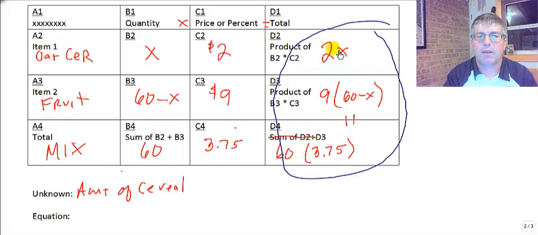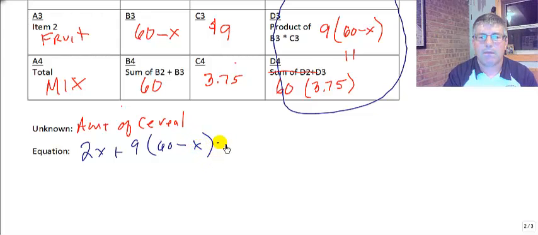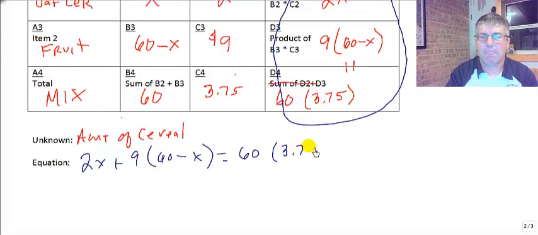The price times quantity of the cereal plus the price times quantity of the fruit equals the price times quantity of the mix. So we can set up our equation. 2x plus 9 times 60 minus x equals 60 times 3 3/4, or $3.75.